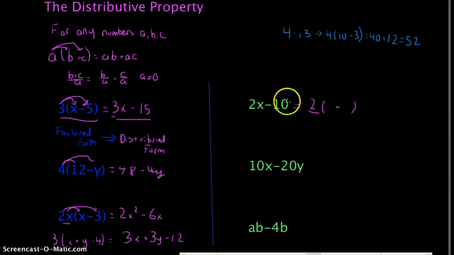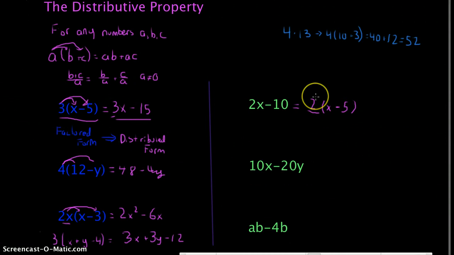So that 2 is going to come on out to the outside. Well, now I kind of have to think backwards, right? Like 2 times something has to give me 2x. Well, 2 times x gives me 2x. That wasn't too bad. And then whatever's in here, I know that 2 times that would have to give me negative 10. So I know that that's going to be a negative 5, right?